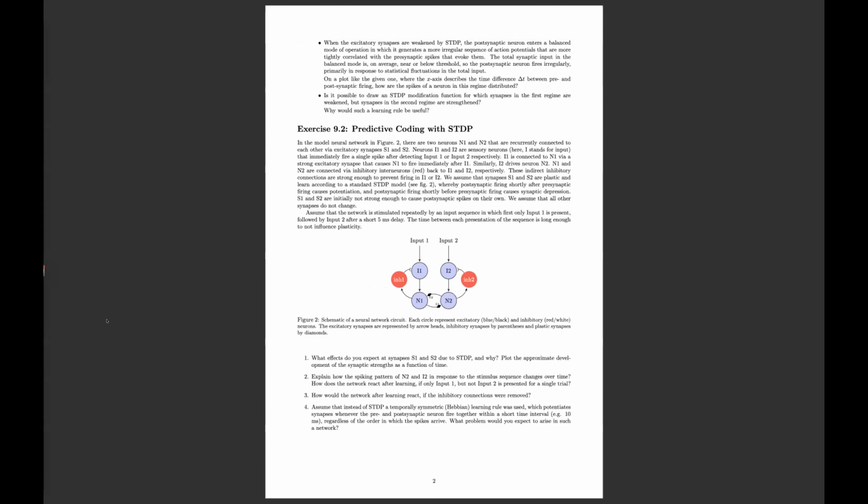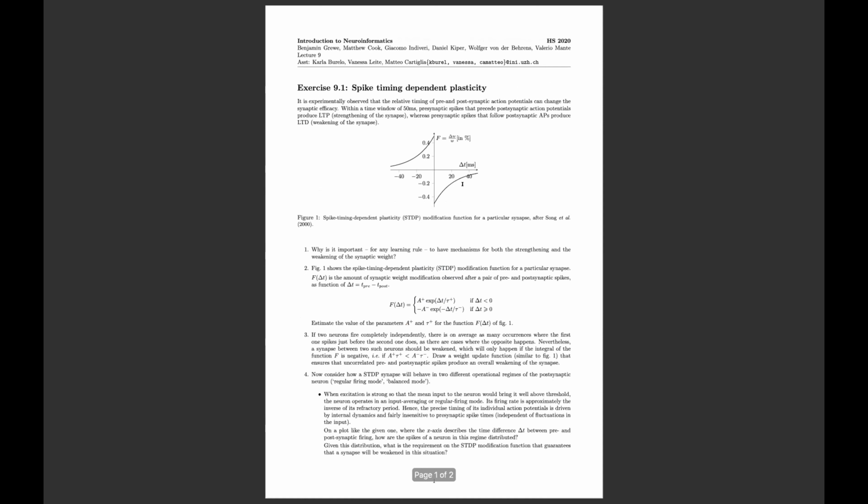Okay, wait, let me. Yes, so we're just looking at the postsynaptic side, and the solution is looking at the mean output activity of the output neuron. If it will fire a lot, then it will probably be weakened because we're in this regime here.